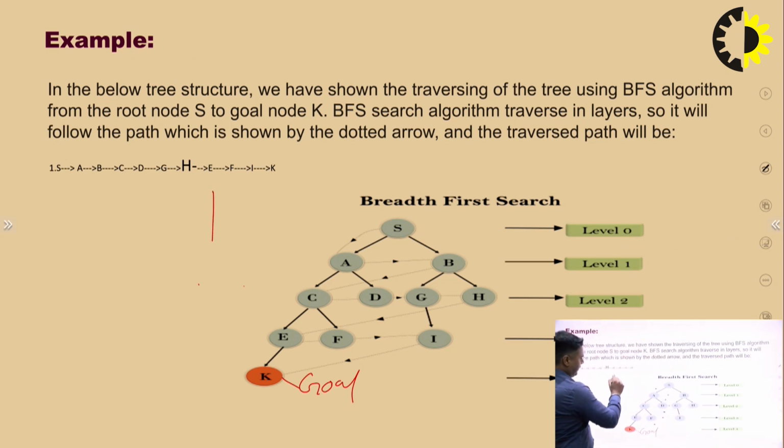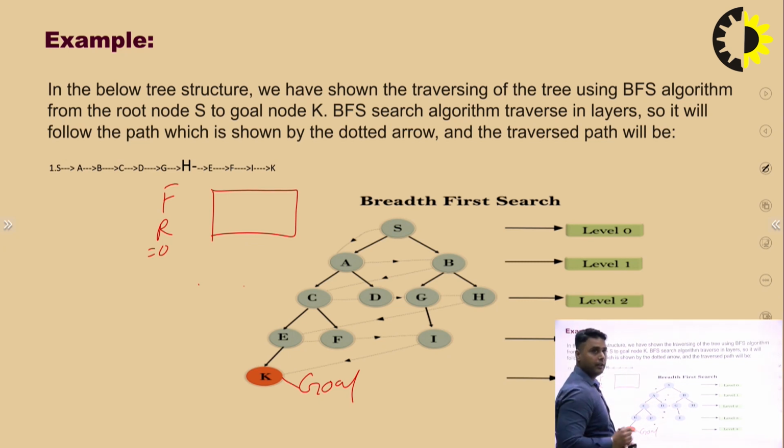First I create one queue. Initially front and rear are 0, the initial state. If I enter a value, the first node S, in the queue, then front and rear are equal to 1. That means one node has entered my queue.